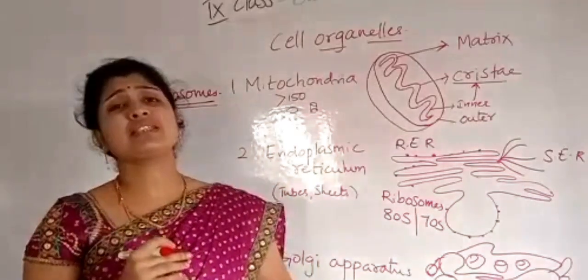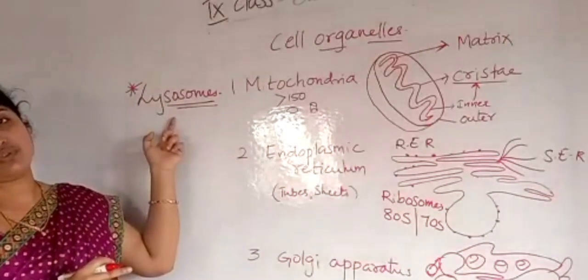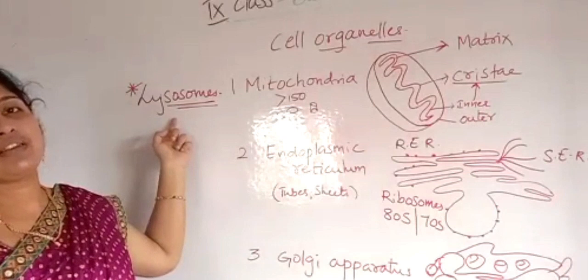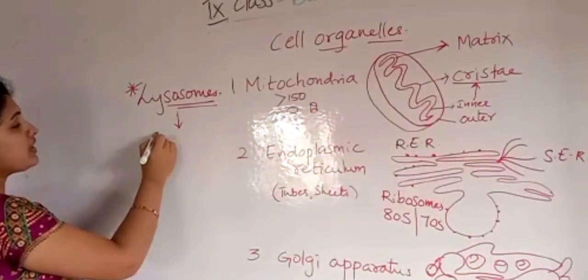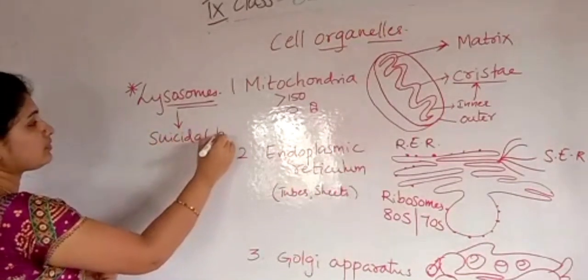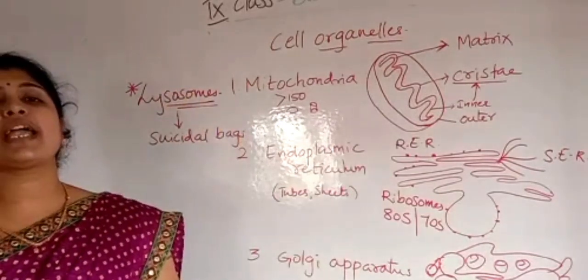After many years, they confirmed that these are lysosomes, and they are helpful when the cell is in need of enzymes. That is why lysosomes are known as suicidal bags of the cell.